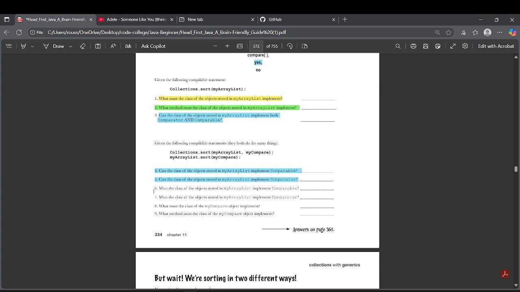Must the class of the object stored in my array list implement comparable? Must the class of my object stored in my array list implement comparable? No, I don't think it should.